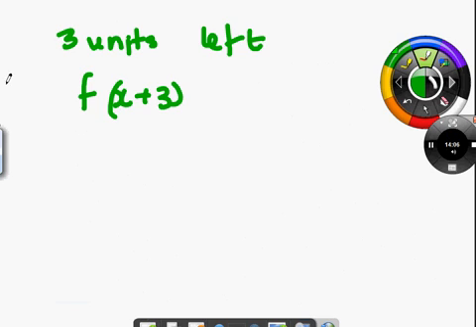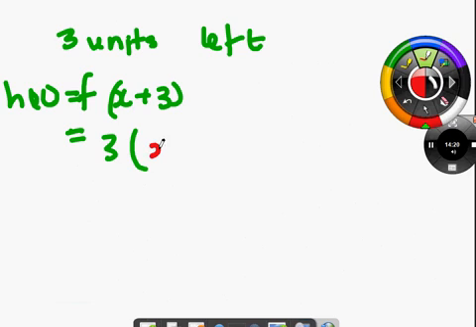Then maybe we call that h of x. Then you can always substitute to get the equation. So we know our equation was 3 bracket, but where there was x, we put x plus 3. Can you see? And then we can continue with our equation the way it was.